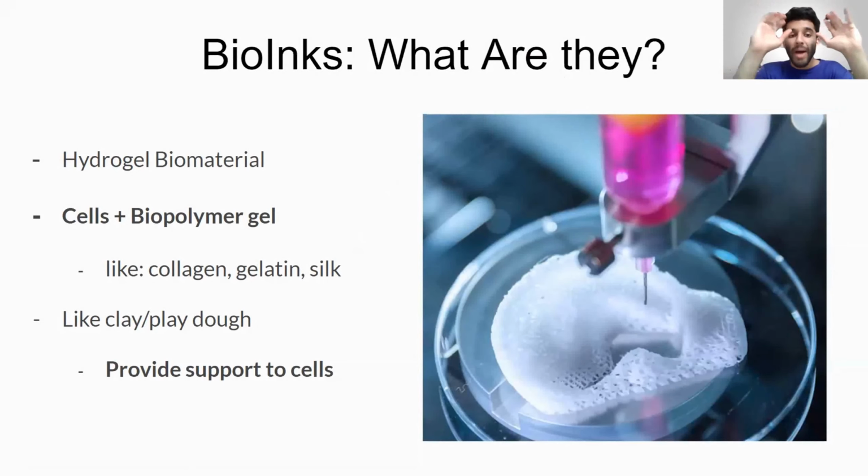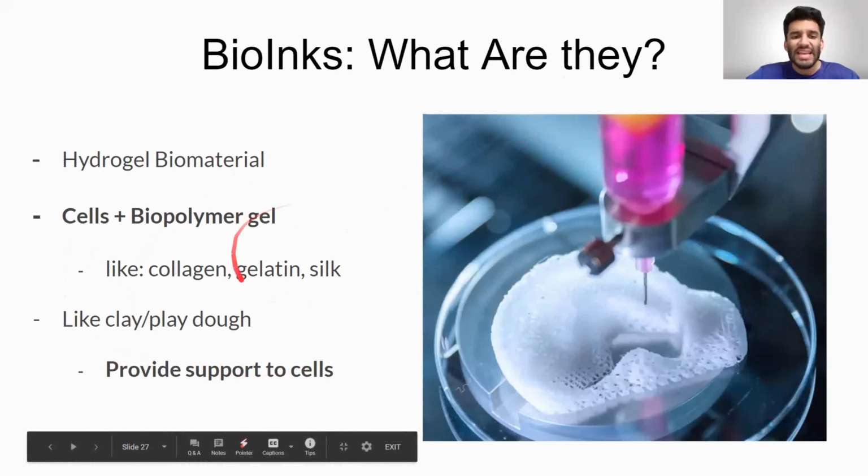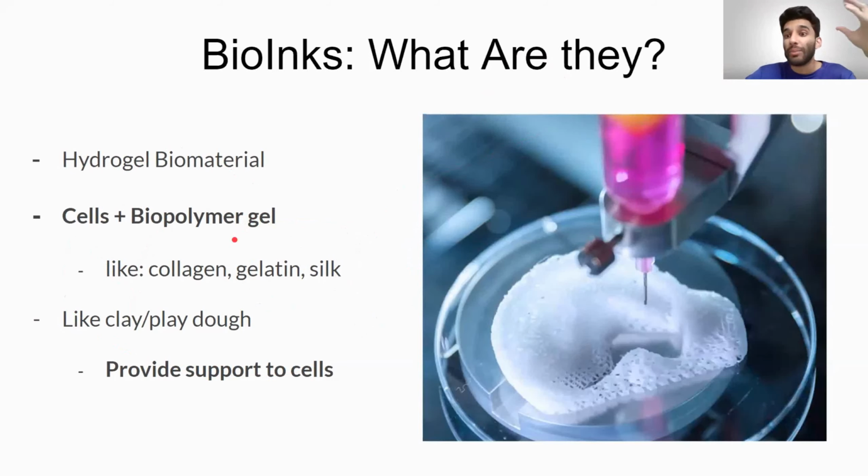And the biopolymer gel is essentially made of materials like collagen, gelatin, silk. So these are the framework, the scaffolds that help to hold these cells in place. And very often, these biopolymer gels are made so they can dissolve away if I put them in liquid or in the human body.